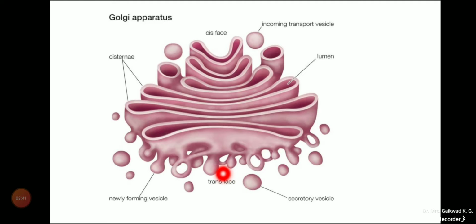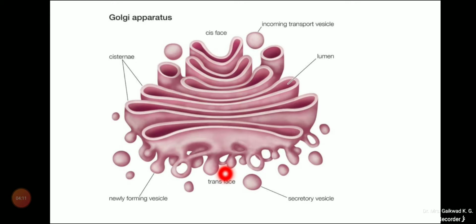The vesicles from the trans face leave the Golgi complex. So the incoming or receiving side of the Golgi complex is called the cis face, and the leaving side of the Golgi apparatus is called the trans face.